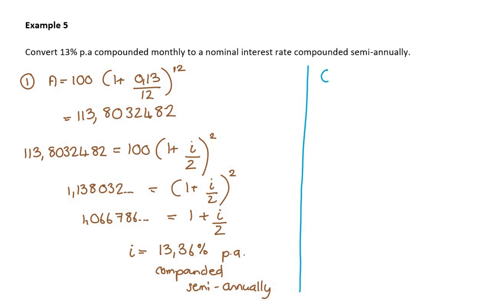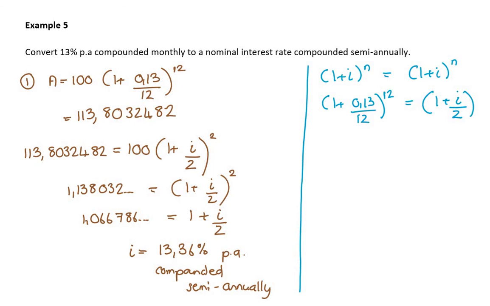Okay, now what's the other method? The other method is equally as similar to the past. Basically, I know my two brackets have to be equal. So I know that 13% compounded monthly for 1 year has to now equal some interest rate compounded twice a year, so that would be an exponent of 2.